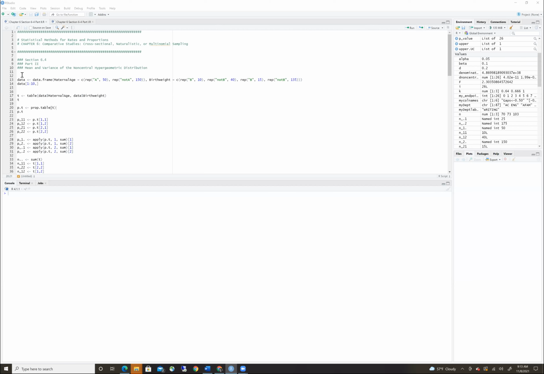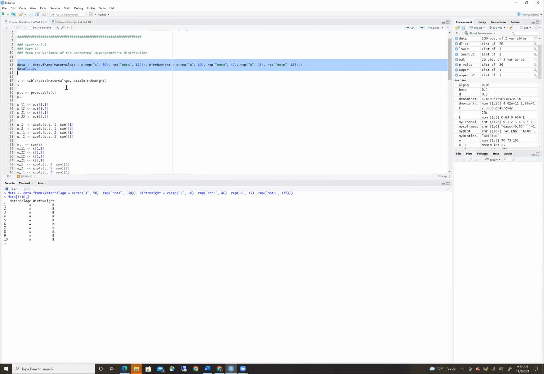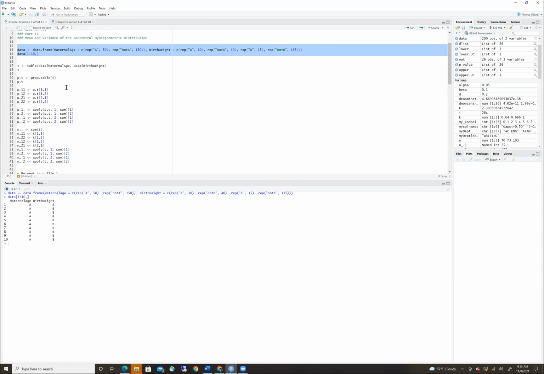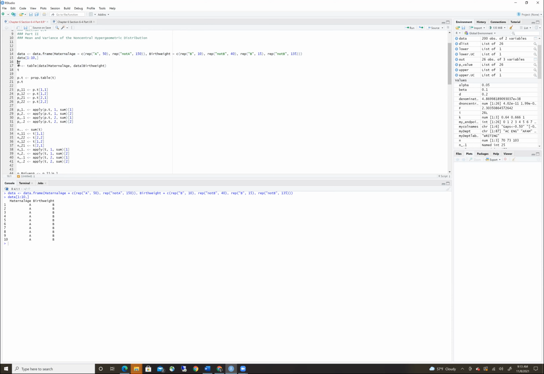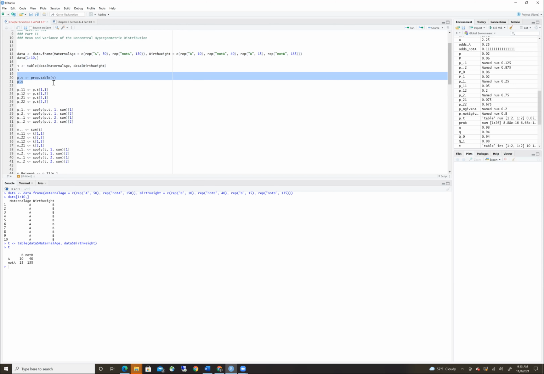So we are going to create our same data set with maternal age and birth weights. And similarly to how we've done in previous sections, we're going to set up the table of the joint frequencies and the table of the joint proportions.